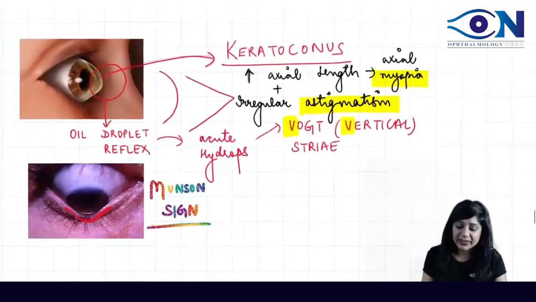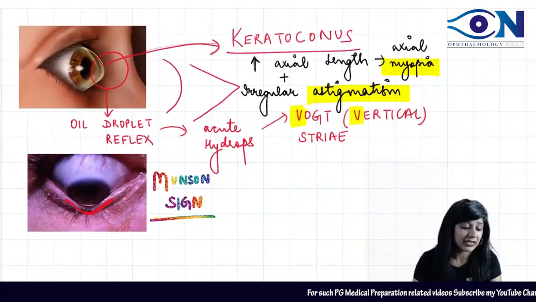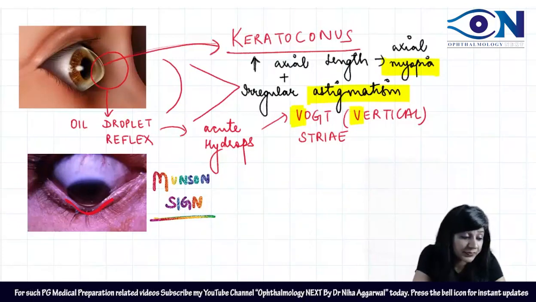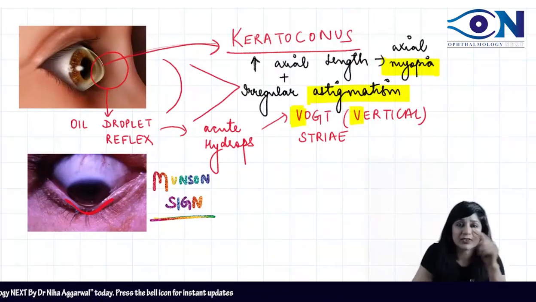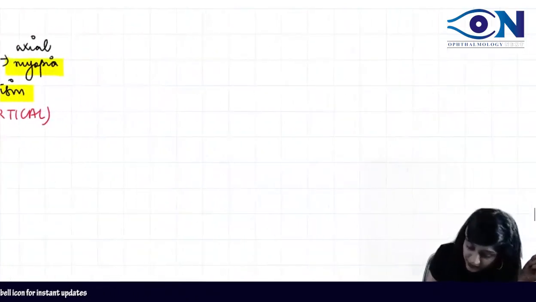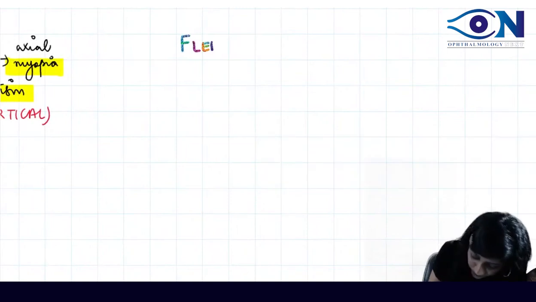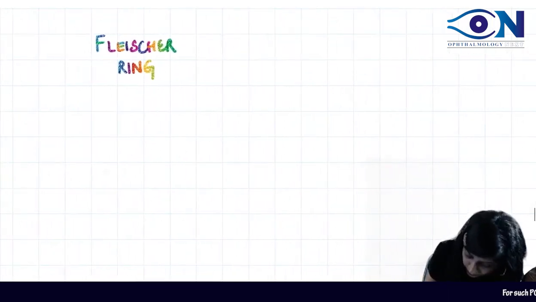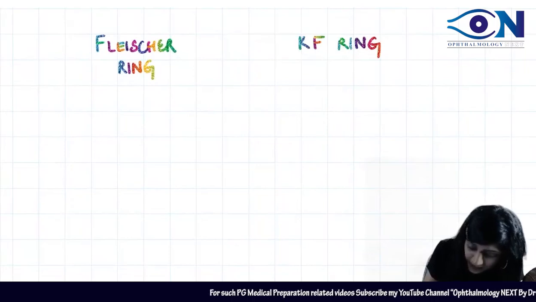Who will tell me the treatment of keratoconus now? And do we have a similar thing in the lens also? Munson sign is there? Yes. And what is the Fleischer's ring? One is the KF ring and one is the Fleischer's ring. What is the difference?